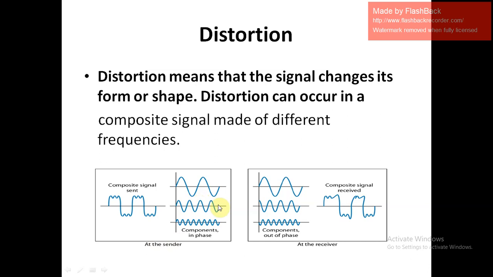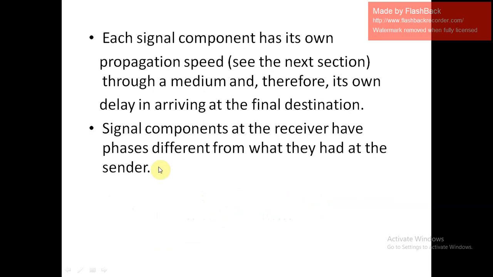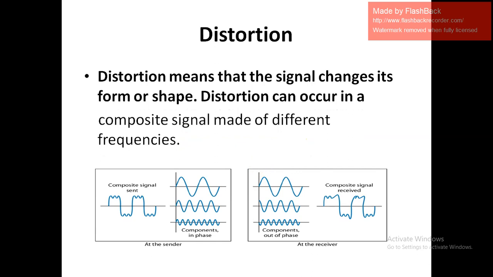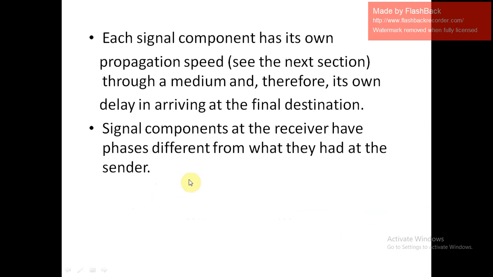When it passes through the medium, each of the harmonics faces a different phase lag, so when it arrives at the receiver and is combined, you see different types of distortions. Suppose it travels 1000 kilometers. When it is combined again, you get a distorted signal instead of the pure digital signal you transmitted. This is what happens here.